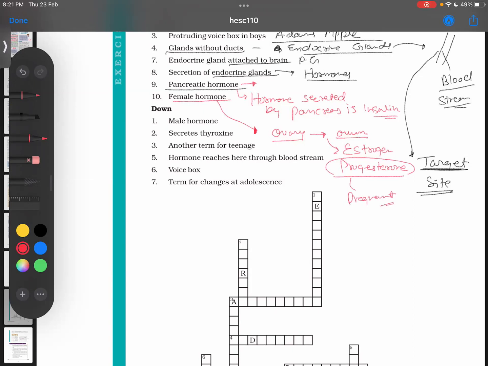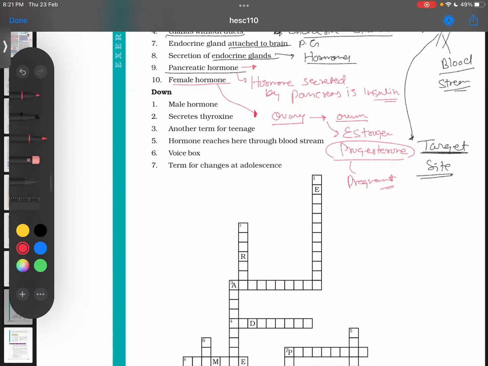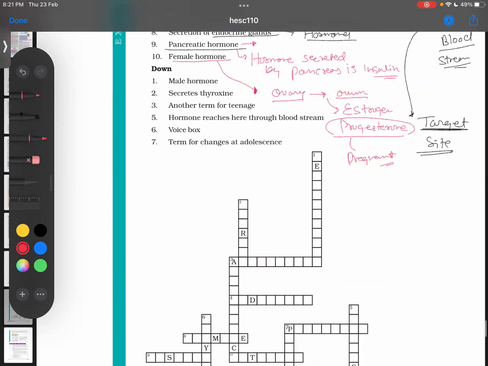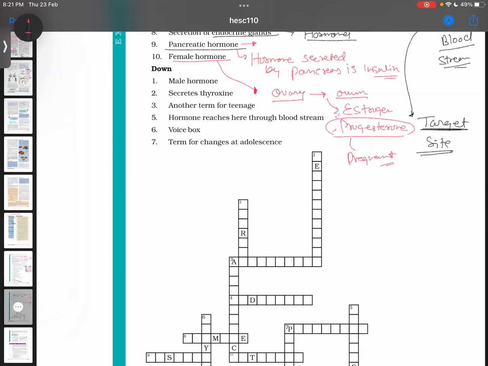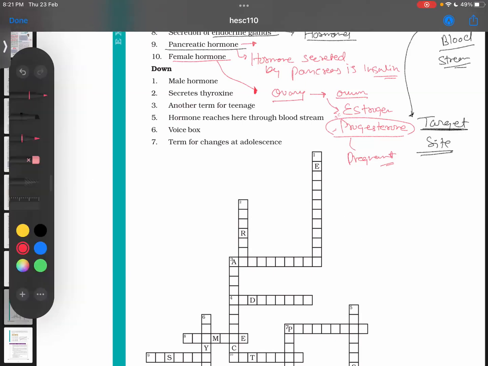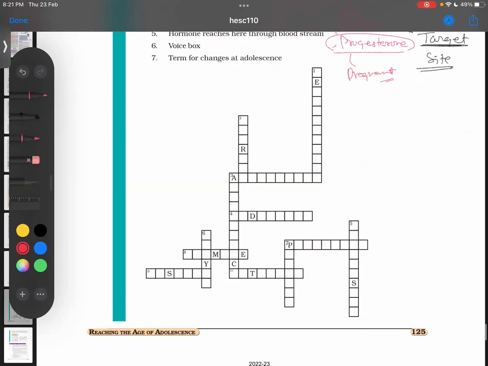So you have to see whether in this box the hormone starts with E or P. Take a look at it. In the up it is 10. It is going to be which one? 15.